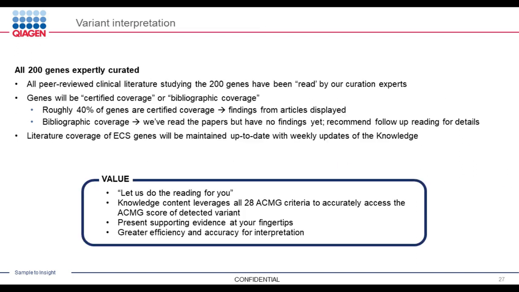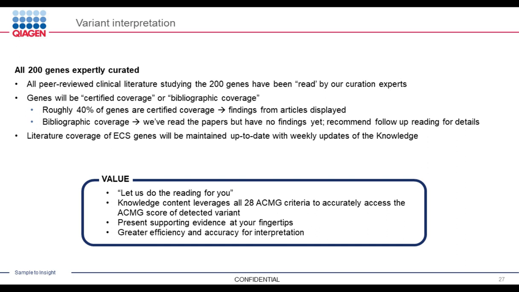So the panel has been matched by our expert curators, and so that panel of 200 conditions already comes with the pre-curation. Some of those genes are what we call certified coverage or bibliographic coverage.